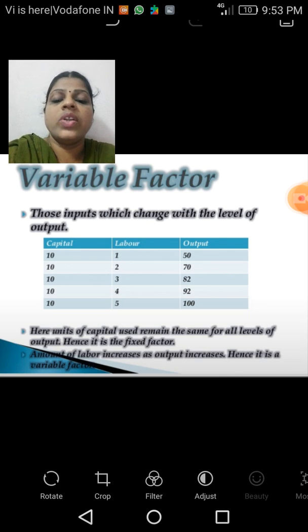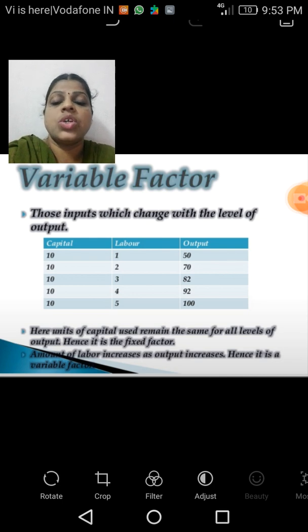Here in this schedule we can see the fixed factor as well as the variable factor, and combining these fixed and variable factors, they have produced the output. Some numerical figures are given under capital and labor, and the final output is the quantity given under output.